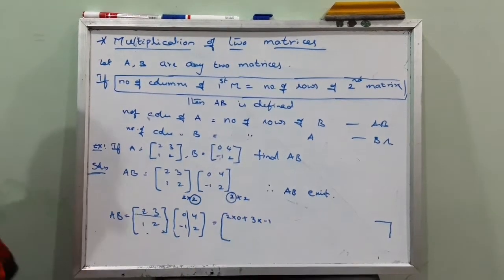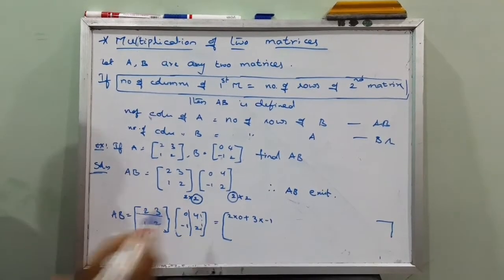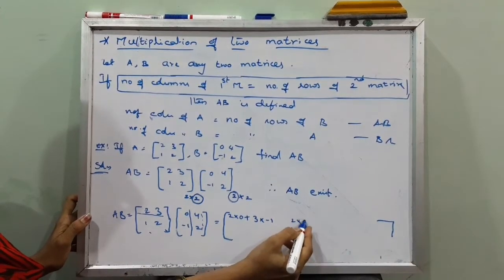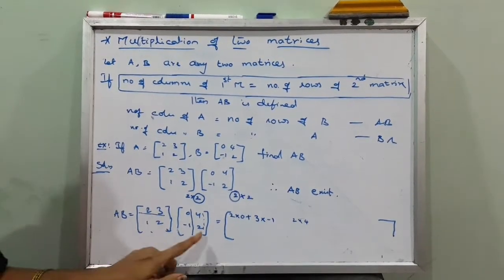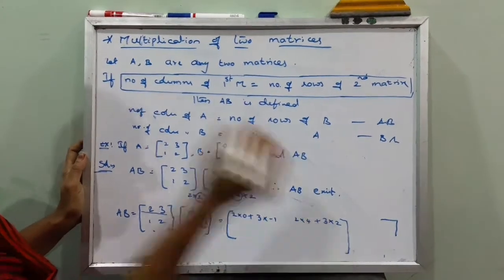Then first row by second column: 2 into 4 plus 3 into 2.